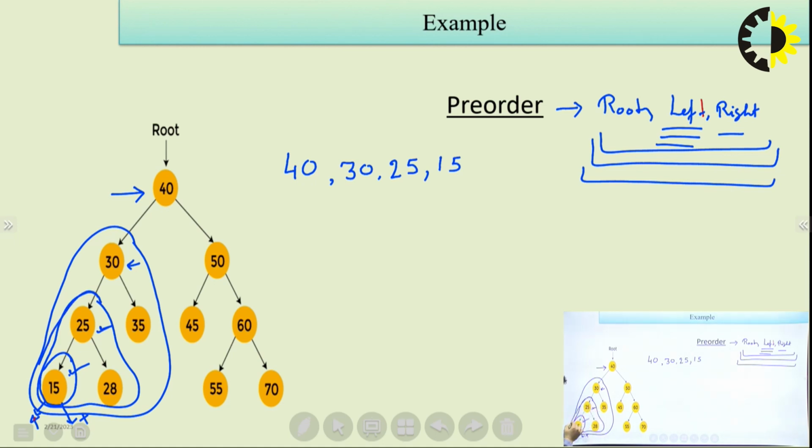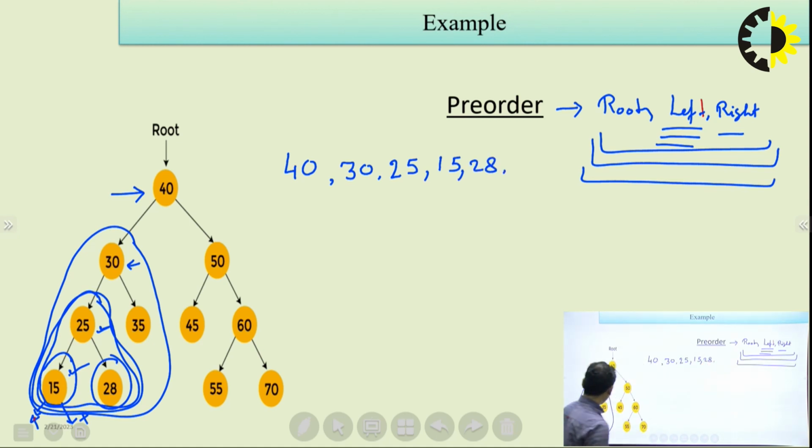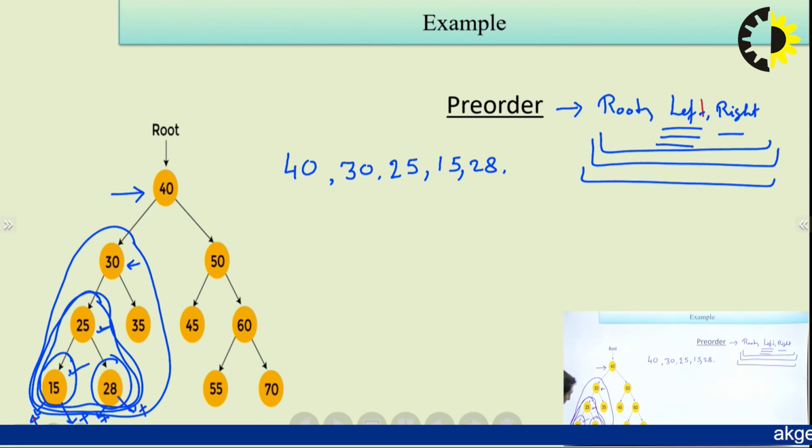So, in this particular subtree we have already visited the root and left. Now, visit the right subtree. The right subtree contains only one node, that is 28. So, visit the 28. There is no left subtree, there is no right subtree. Then come one level up.